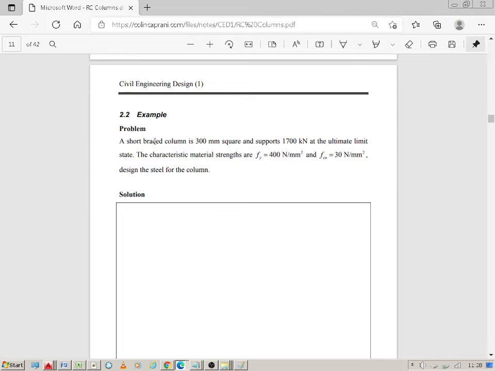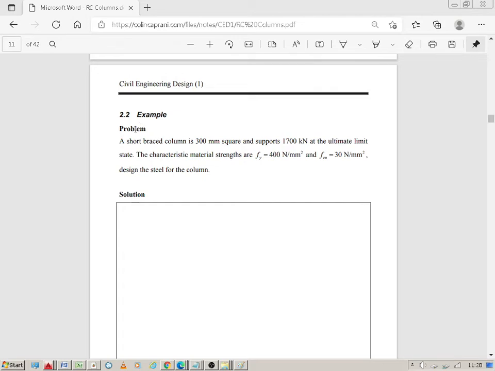The columns aren't used to provide moment resistance to lateral loads, so there are no moments. This is the most simple case. This is a short column, so it fails in crushing. There's no deflection. We'll come on to slender columns in another video.